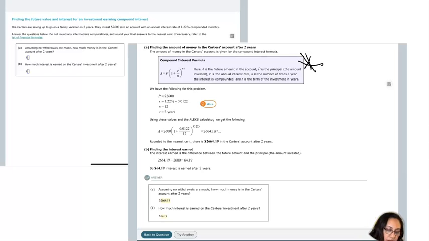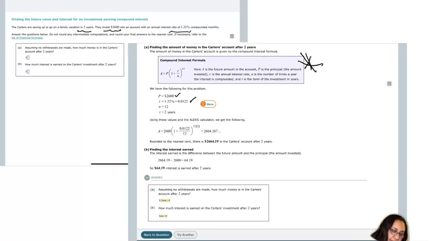So I like to always point out that it's important to underline anything in a word problem that is mathematical or has numbers. So if you look here, it says that P, the principal amount, is $2,600. You must change the interest rate to a decimal.